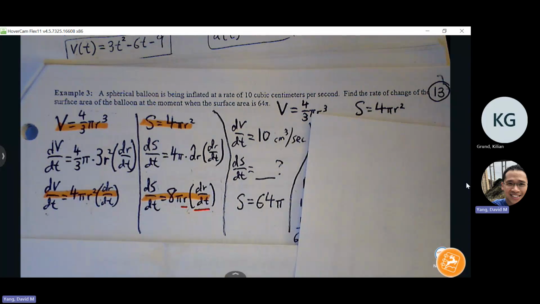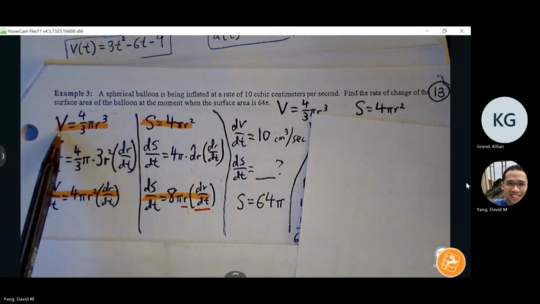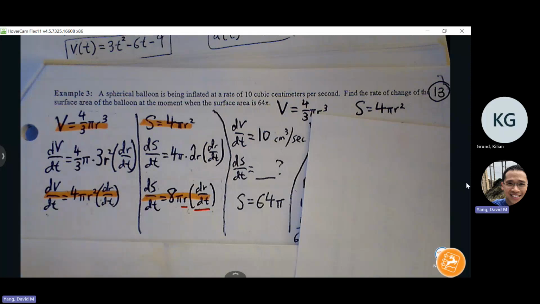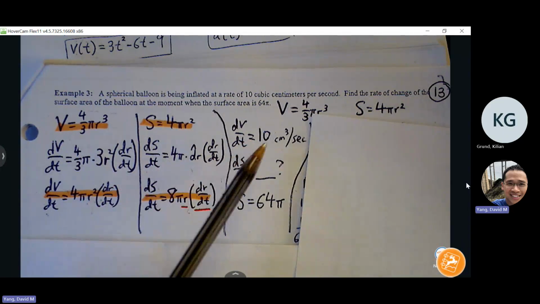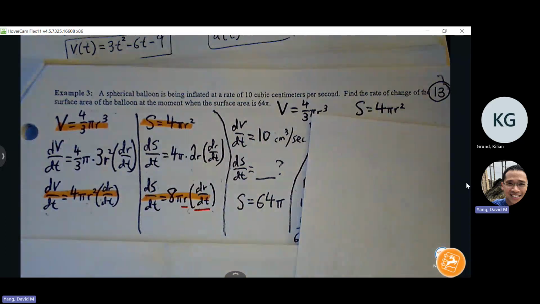So could you plug back into the original function? Which one? Like V equals 4/3 pi r cubed. Okay, so what would you plug in? Right, you can't do that. So we're kind of stuck, at least for the moment. This is a good strategy once we find r, but we're kind of at a dead end if we're starting here. Okay, what else do we have that we can use?